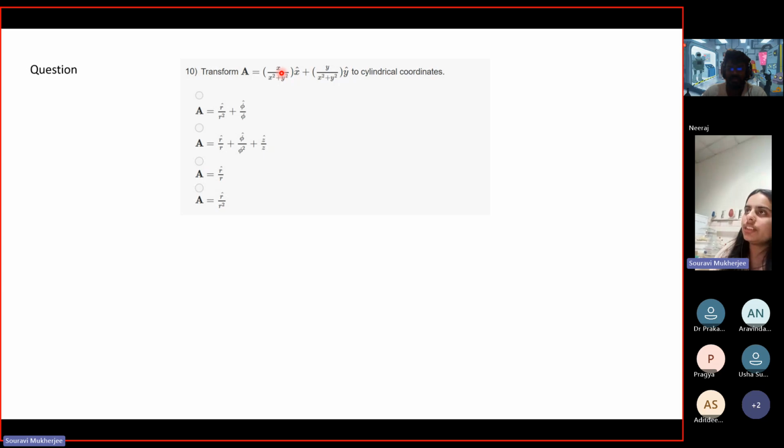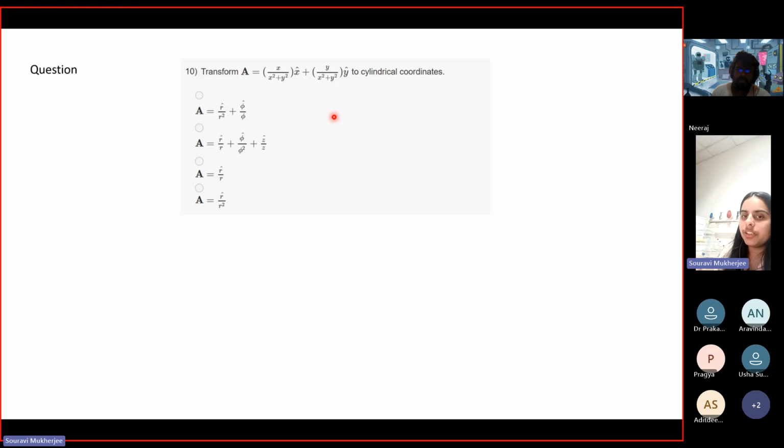See, it's easy, right? So x, what is x? If you want to write it in cylindrical coordinates, x is nothing but r cos phi, right? And y is nothing but r sin phi. Now, how do you write x cap? You write the vector as x i cap plus y j cap plus z k cap, do the partial derivative, and from there you can find how x cap and y cap can be written in terms of r cap and phi cap.